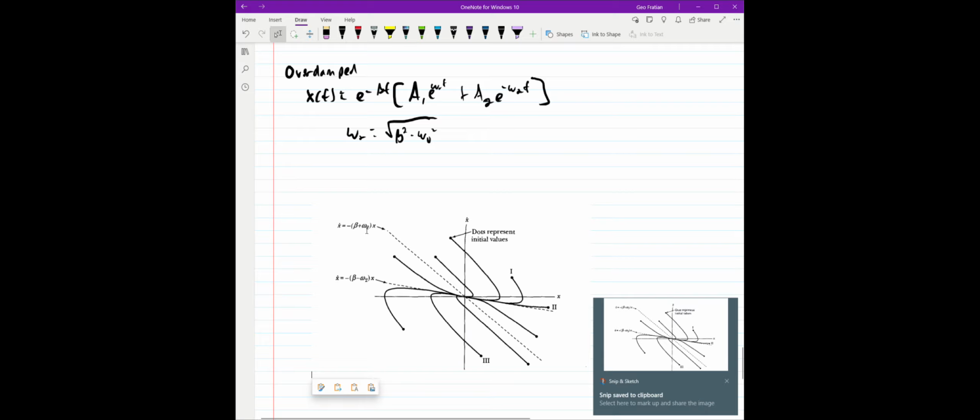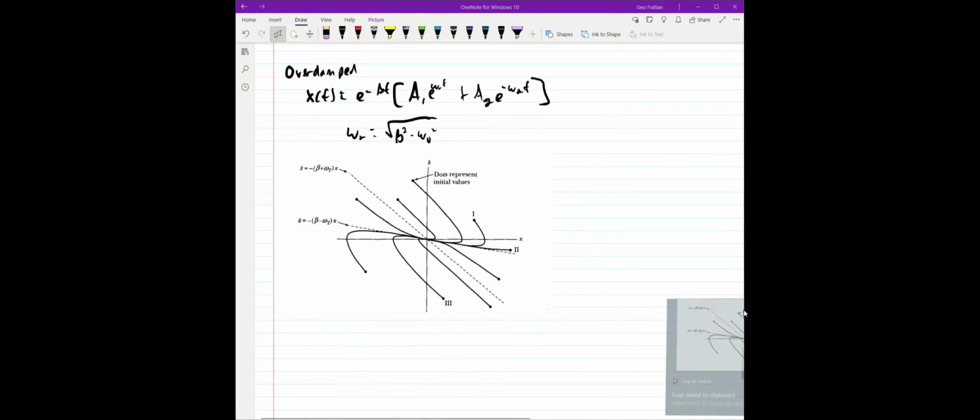Let's look at, we're plotting again x dot by x. Remember, it's x dot as a function of x. That's kind of what we're working with right now. And if we look at the first case, right here, x dot is greater than 0.